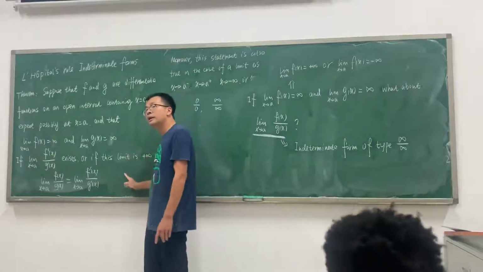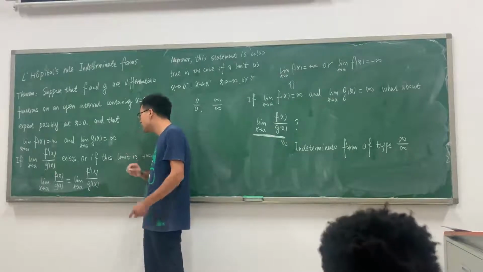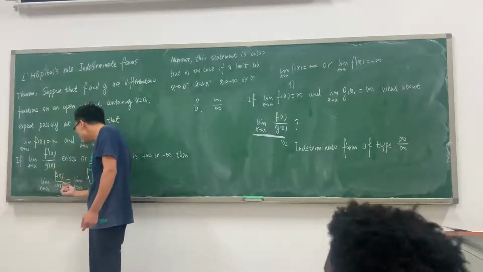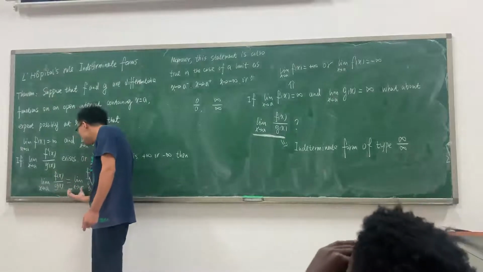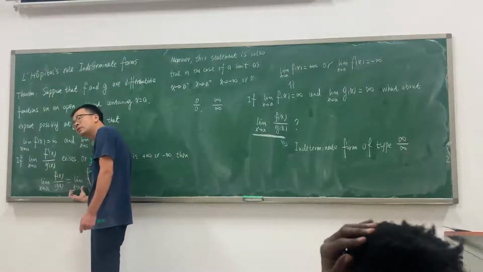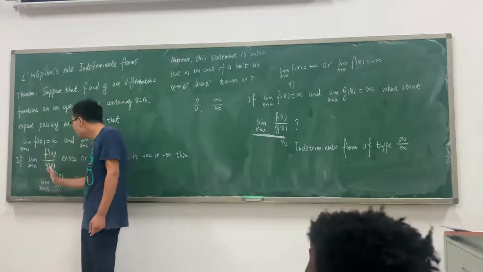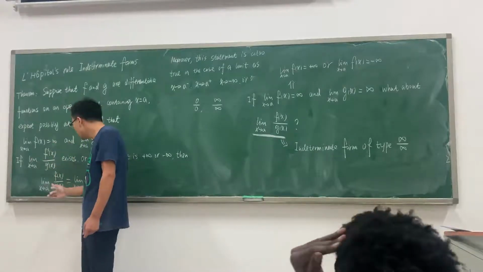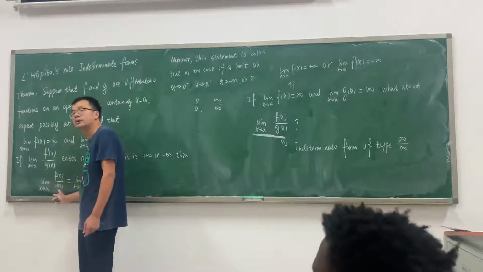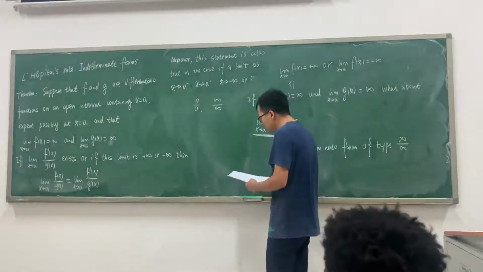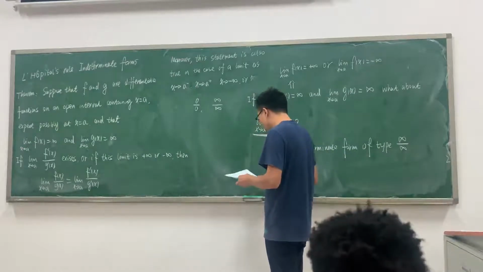For this L'Hopital's rule, it means that if this limit exists, then we have this conclusion. So we have a question: if this limit does not exist, so what about this limit? So we give an example for this limit.